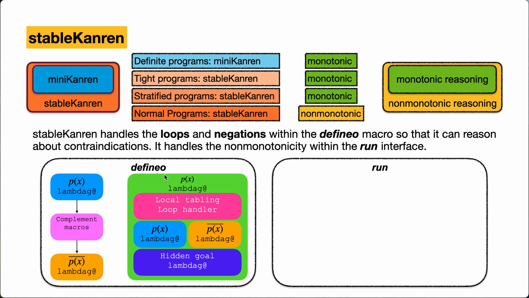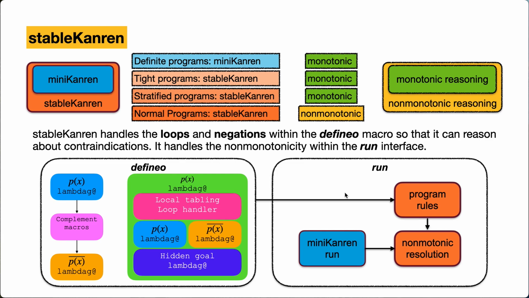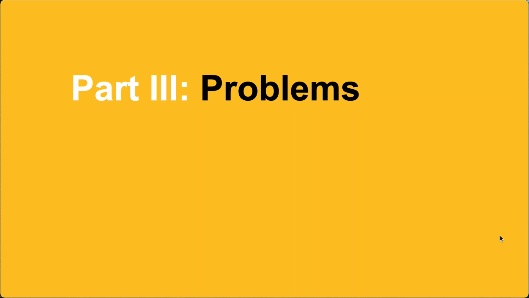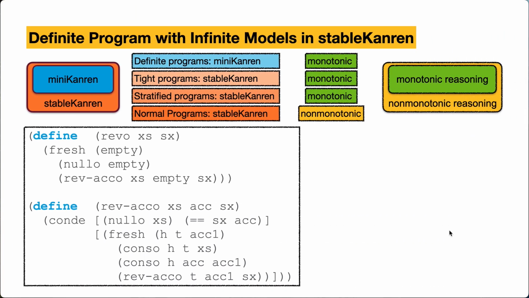And the definer will wrap everything with local tabling, handling some hidden goals, wrapping everything into one unique new goal function. And for the run interface, we have the miniKanren run with our non-monotonic resolution. So all the things defined here by the definer will be added into these program rules and used by the non-monotonic resolution later. Okay, so this approach has two problems, as we mentioned before.